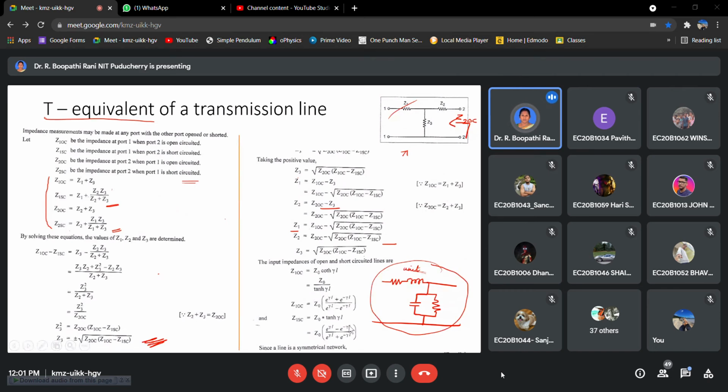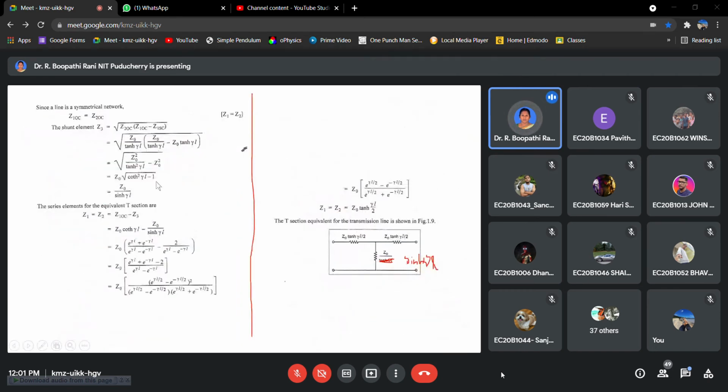That way also we can relate. Then, substituting those for ZOC, ZSC, we get a simplified expression for Z3, Z1, Z2.